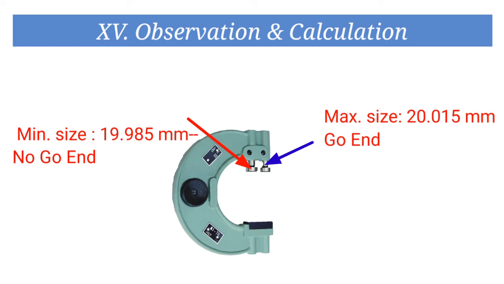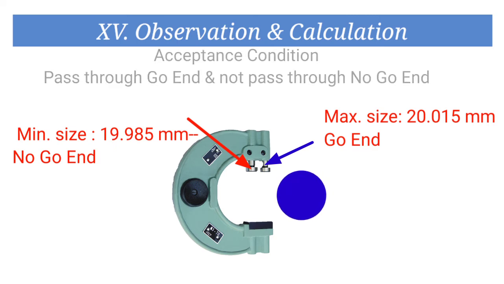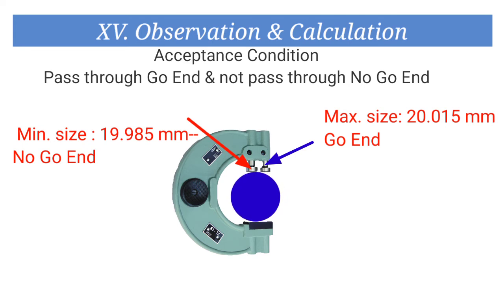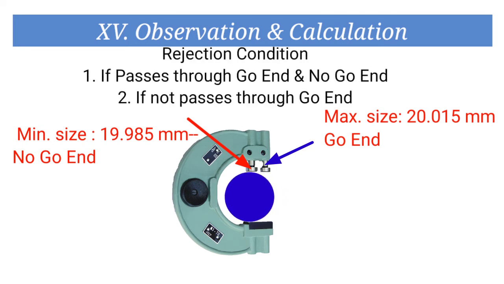While checking the dimensions using the snap gauge, if the dimension is within limit, then the component should pass through the go end and it should not pass through the no-go end, then it will be accepted. If the component passes through the go side as well as the no-go side, then this component will be rejected.